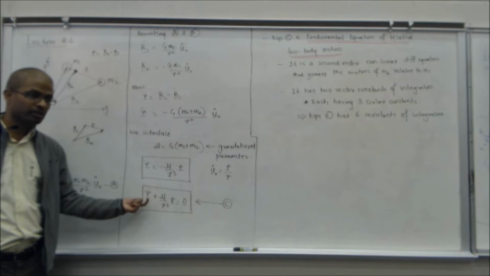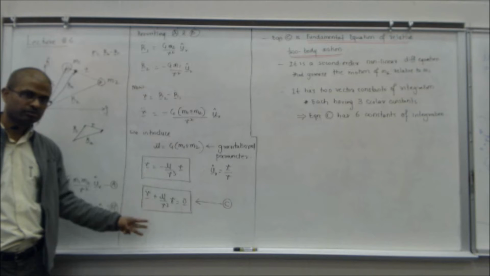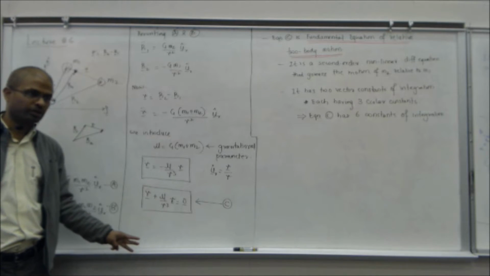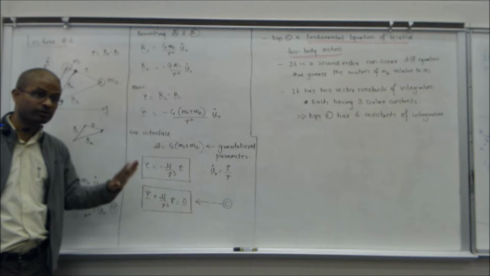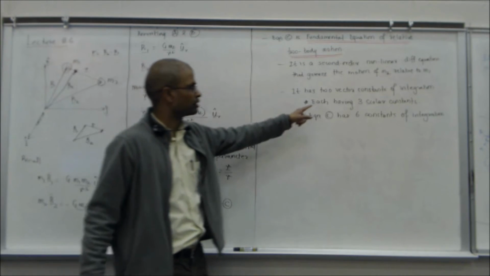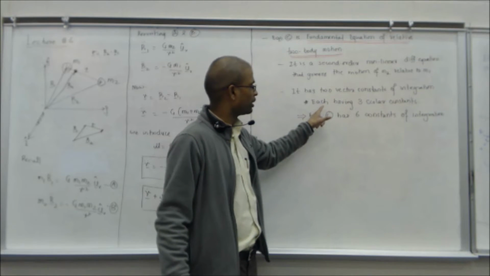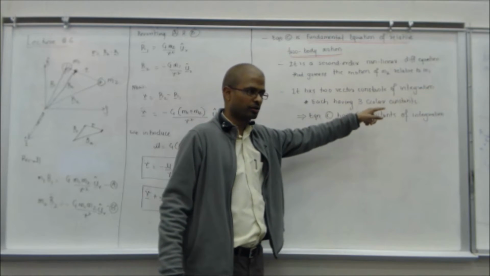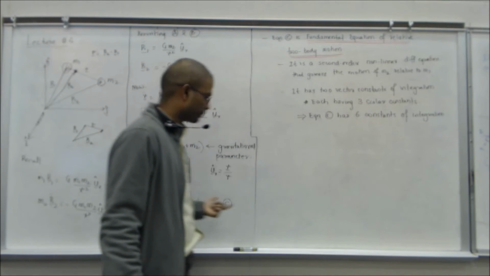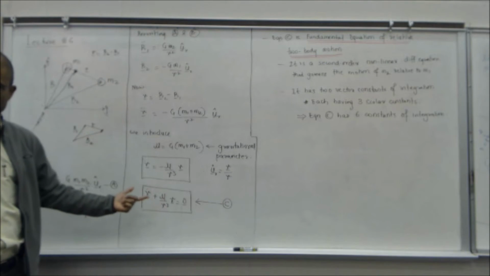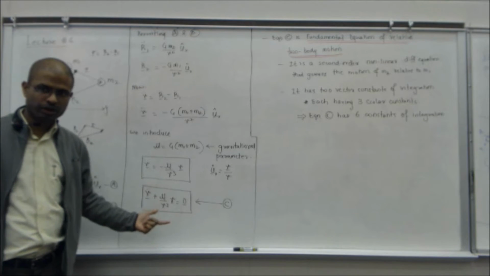So this is actually three differential equations, R1, R2, R3, correct? The components. So if you integrate it twice, you're going to have 6 constants, and that is what it says. It has 2 vector constants of integration, each having 3 scalar constants. In total, there are 6 constants of integration involved in solving this equation of motion. Okay?